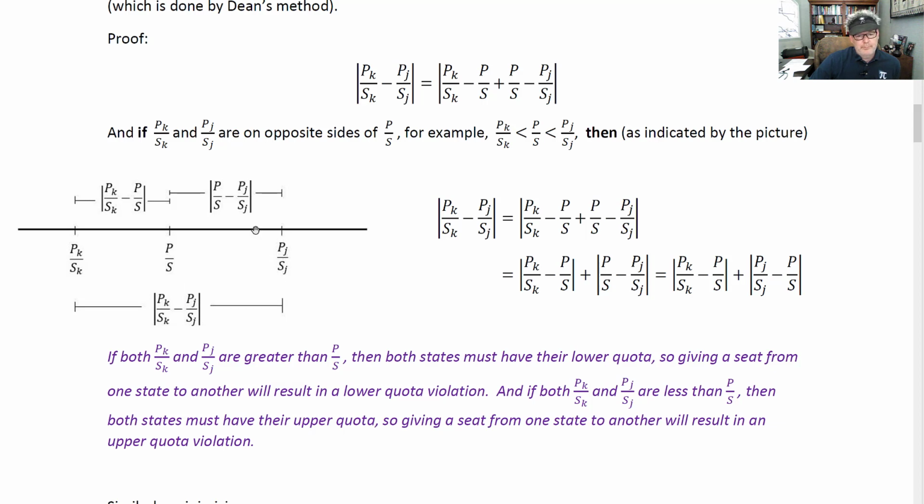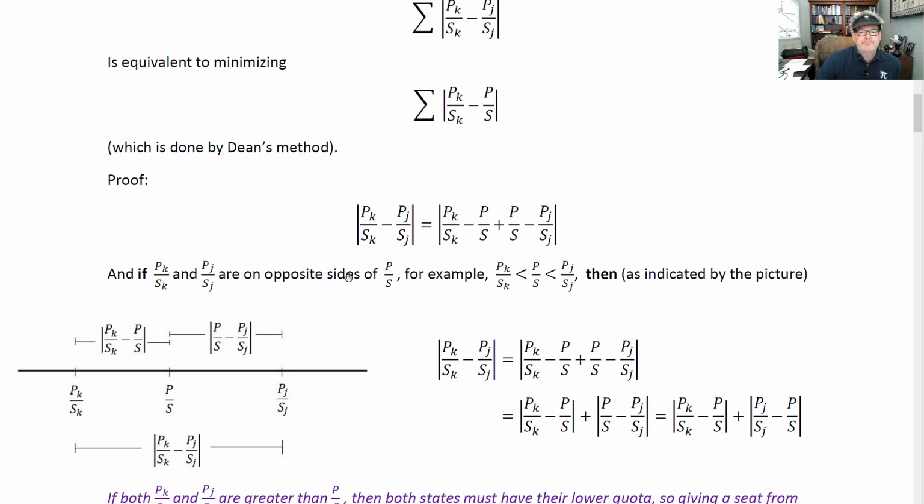And so both states won't be on the right. One state will be on the left. This state would have been given its upper quota. Again, if you divide by the exact quota, you would be right here. But if you divide by the upper quota, you'll be to the left. You're dividing by a bigger number, so you get a smaller fraction. Anyway, so assuming they're on opposite sides, then you can do the triangle inequality.